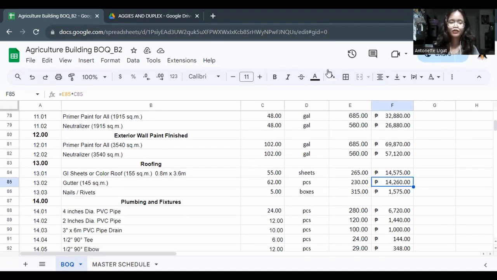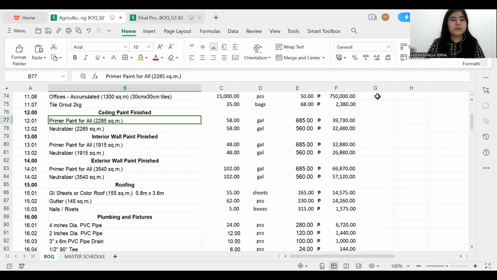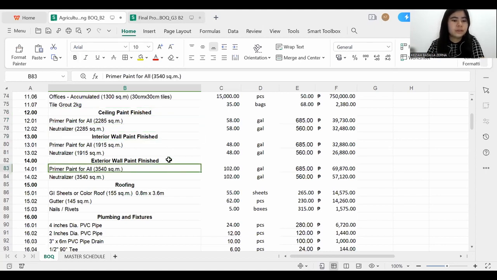Thank you very much, and good day to everyone. I am Kezia Zerna, and I am going to talk about the agricultural building bill of quantities for items number 12, 13, and 14. These items are related since these are ceiling paint finish, interior wall paint finish, and exterior wall paint finish.